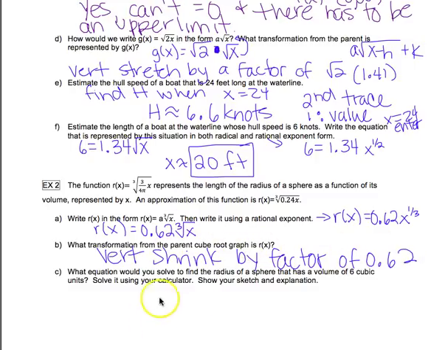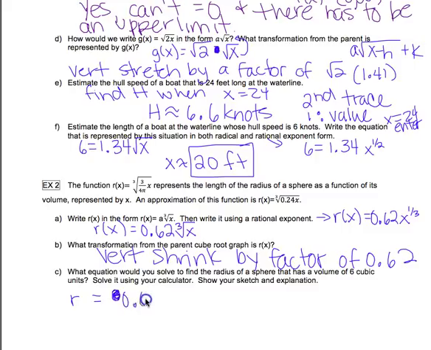So then last one, what equation would you solve to find the radius of a sphere that has a volume of 6 cubic units? So the volume, remember, is x, so we're solving that r equals cube root. Actually, we should use the simplified one.